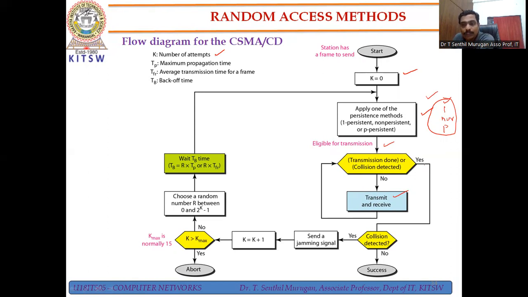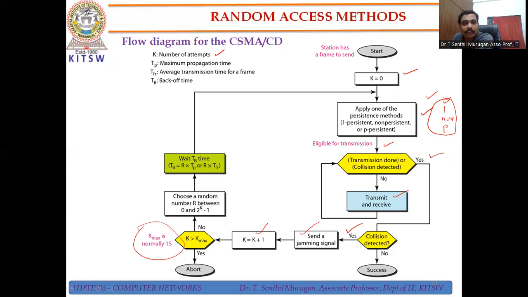In case collision detection has occurred, if yes, then it will identify that a collision is detected. If a collision is detected, send a jamming signal and try the next time: K equals K plus 1. Next time resend the frame. How many times do we fix it? Maximum 15 times.